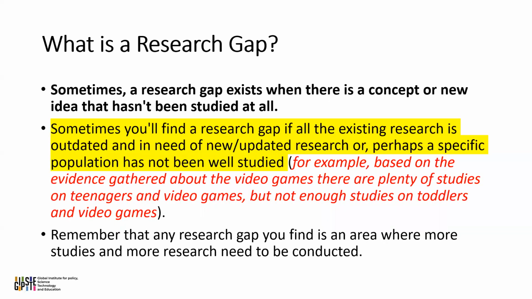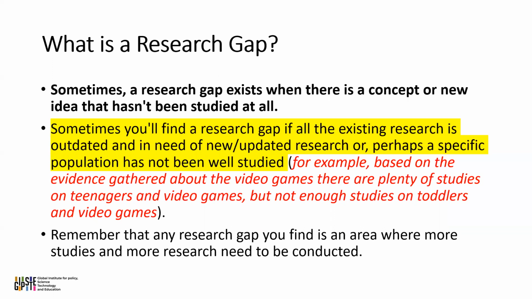Sometimes a research gap exists when there is a concept or a new idea that hasn't been studied at all. Sometimes you find a research gap if all the existing research is outdated and in need of a new or updated research, or perhaps a specific population has not been well studied.